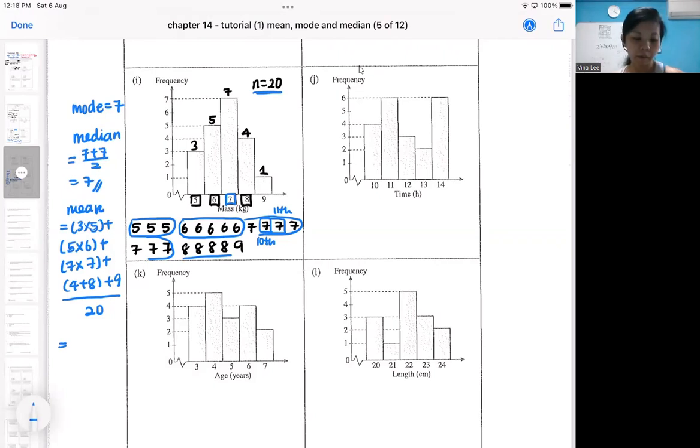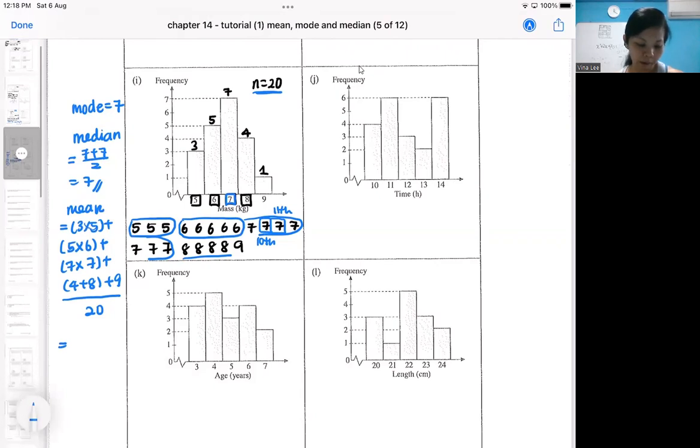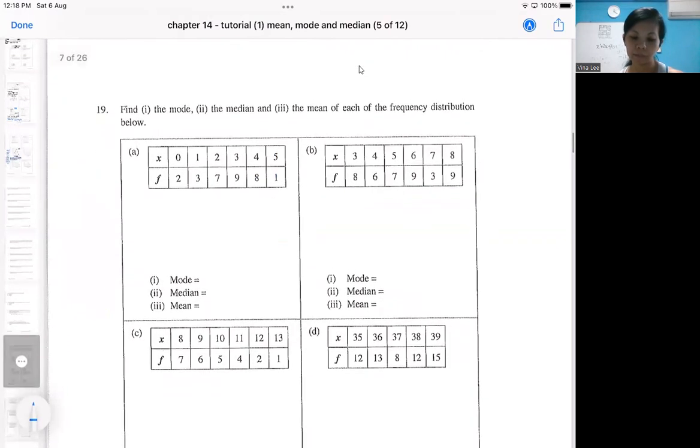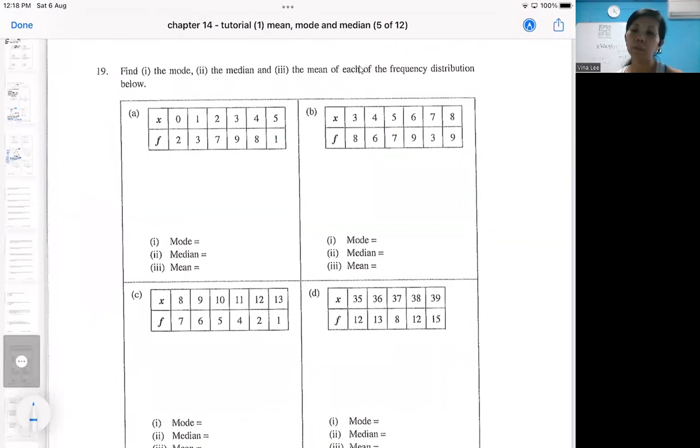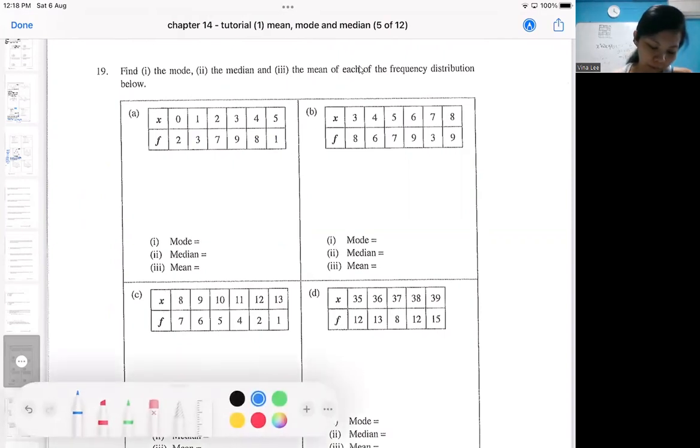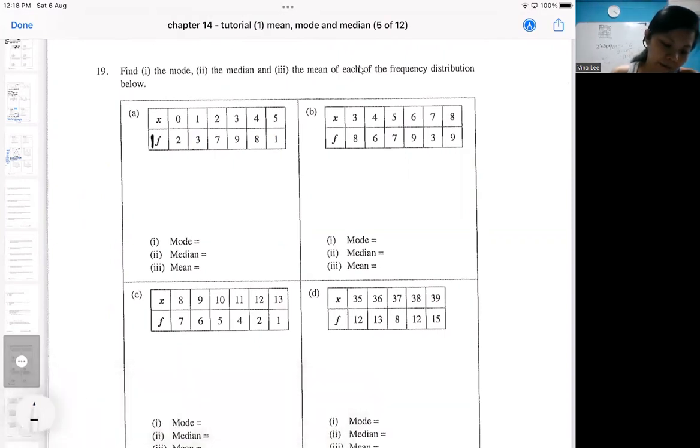Okay, so even if you go to group data, how does group data look like here? Group data usually happen when there are just too many already. So they put it in a table. The alphabet F stands for frequency. So it's the frequency of X. So for example, X is 0, it appears 2 times.